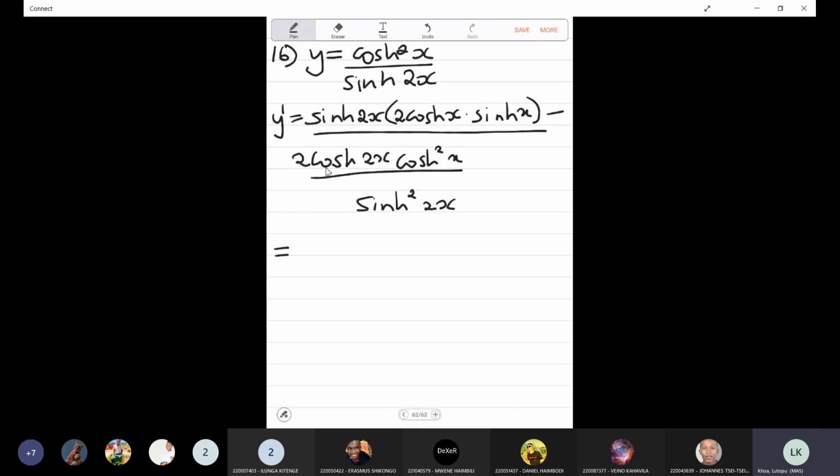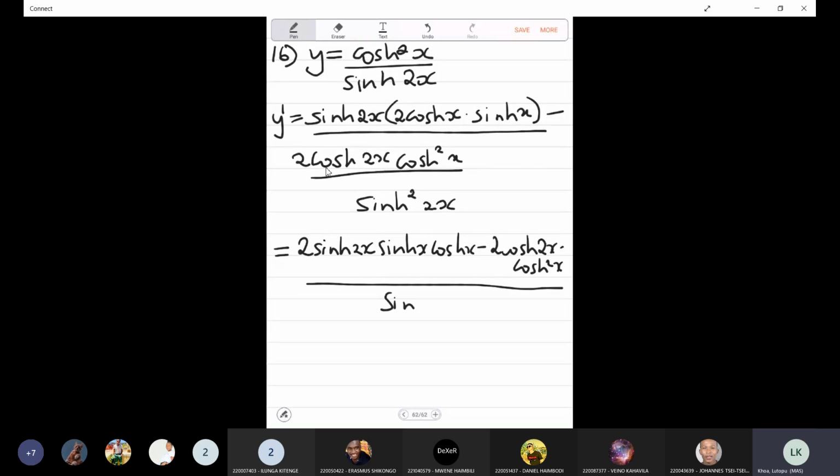This is 2, 2x, cos, and 2, and this is all over hyperbolic sine of 2x.